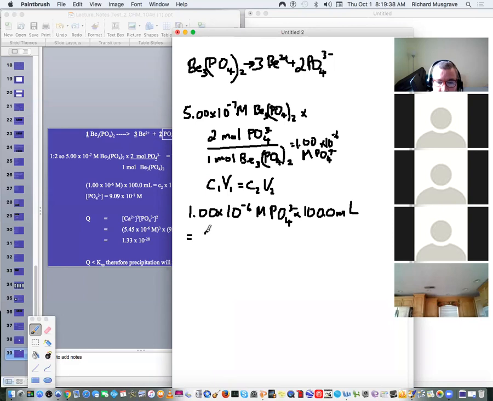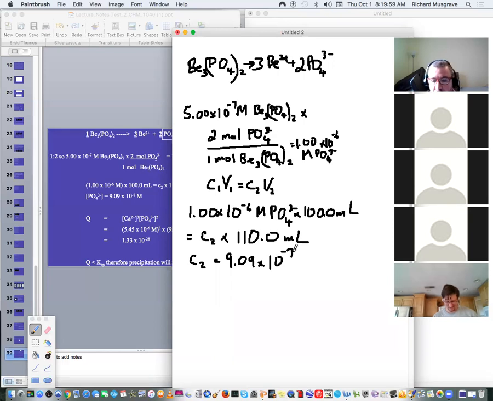And then that equals C2 times 110.0 mL. That's the total volume again. Now the C2 here is going to be 9.09 times 10 to the negative 7, which is just a tad less than what it was, because we have taken something that was 100 mL and diluted it to 110. So we haven't really done much to it, but we have done something to it. So that's our phosphate right there.